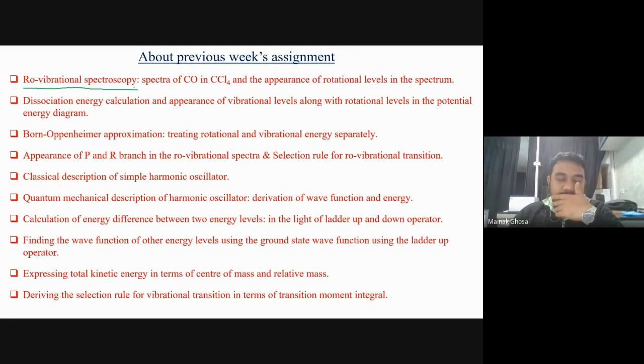So whenever you discuss a vibrational transition, there is always some rotational transition associated with it. This was proved using the spectra of CO in CCl4, where rotational levels appeared in the spectrum.